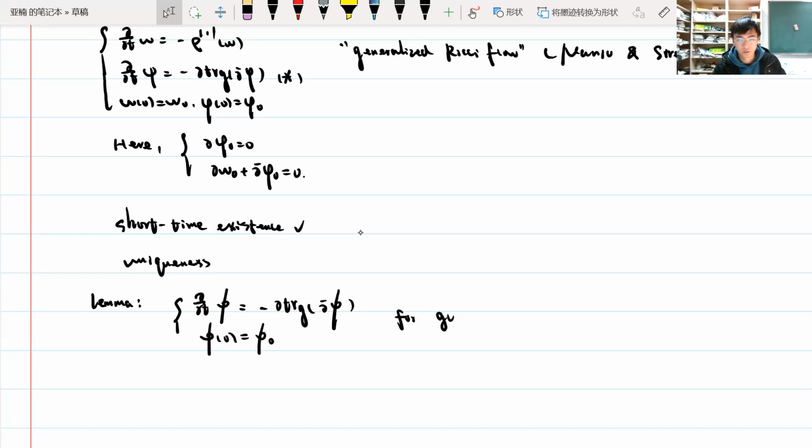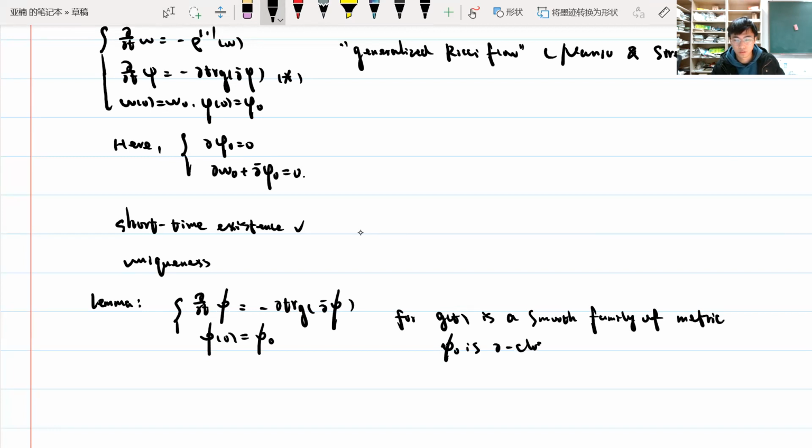Or it's a smooth family of metrics. And phi zero is d-closed.